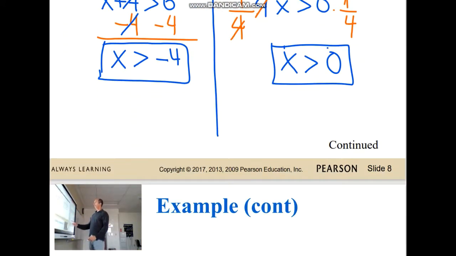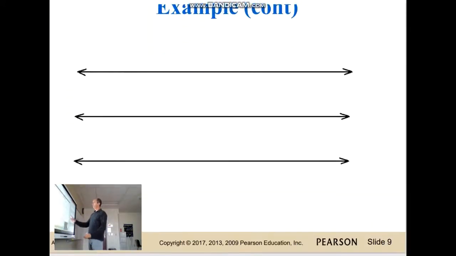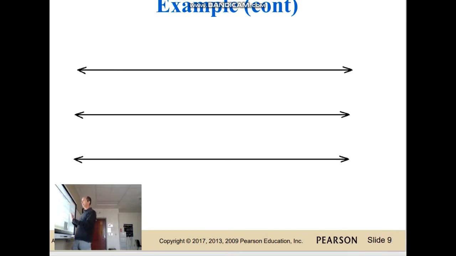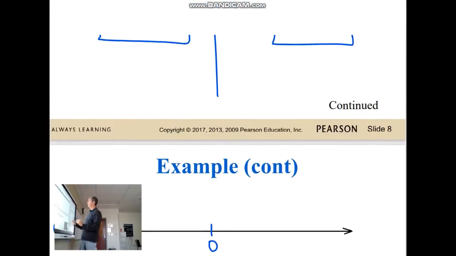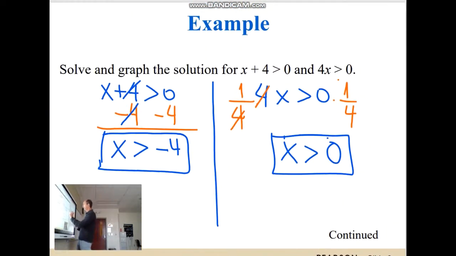Now let's work on the number line. Let's say here in the middle we have 0 and all the lines. This is going to be the first inequality, the second inequality, and here is going to be the first intersection with the second. First inequality that we have, x greater than -4.